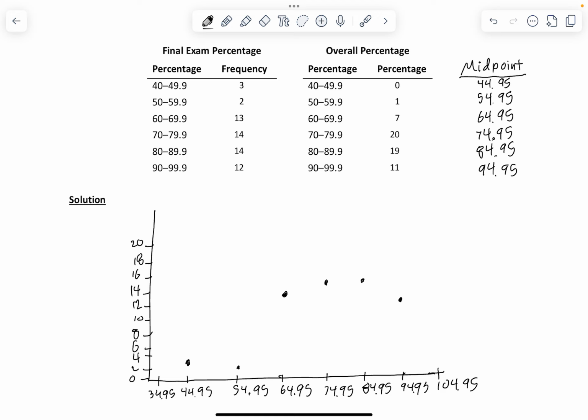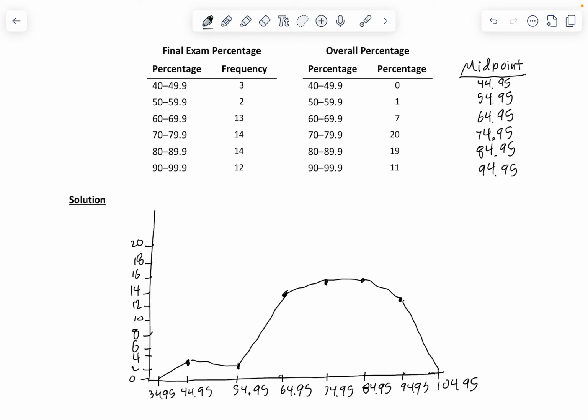So we connect these with straight lines, and then we connect down to the axis right there. Something like that.